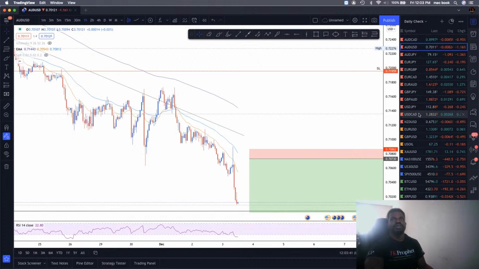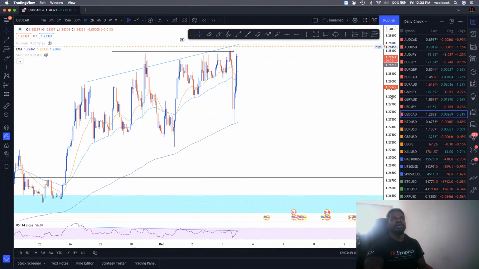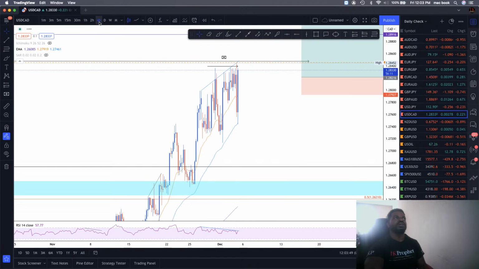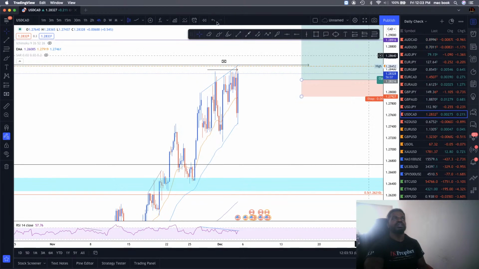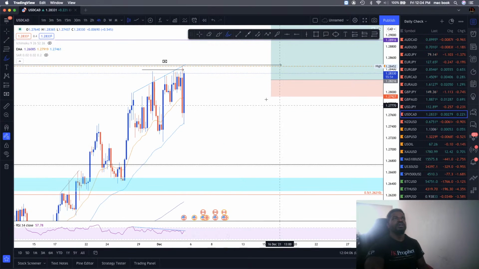Another trade setup we looked at was USD CAD. Now with this setup, I noticed on the 4-hour we had divergence, which is price moving up while your RSI is moving down. So after noticing this, I waited a little bit before entering this setup.